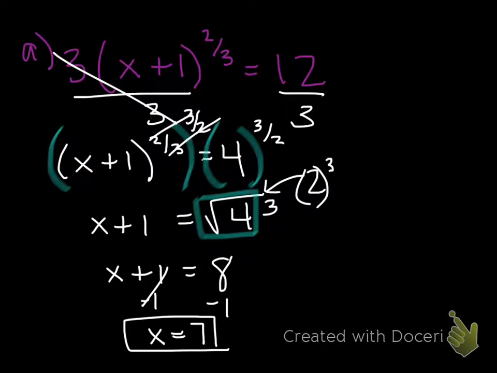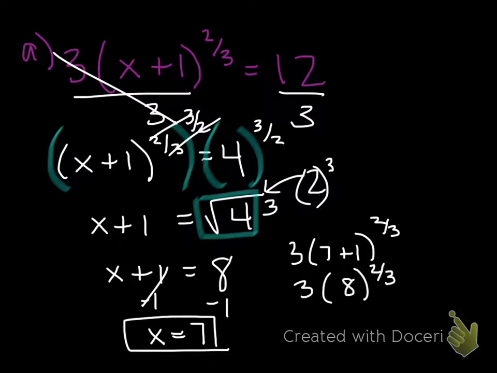Again, before we can determine if this is the actual solution, we're going to do a quick check. So I have 3 times the quantity of 7 plus 1 raised to the 2/3 power. So this will become 3 times 8 to the 2/3 power. I'm going to convert this back into radical form.